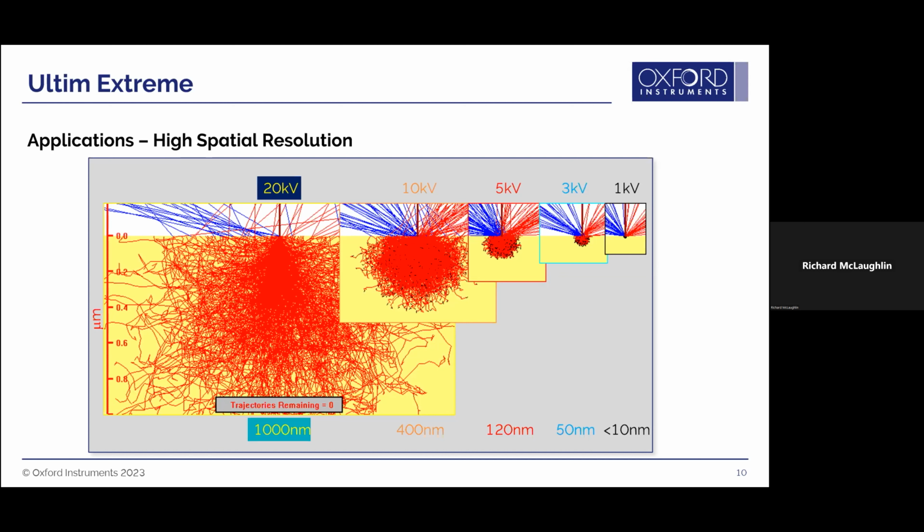Now we're going to be penalized for going down to low accelerating voltages, because our count rate is going to fall off drastically. This is an example of what will happen if we run a sample. This is a simulation of pure iron, and it simulates the spectrum at different kVs.